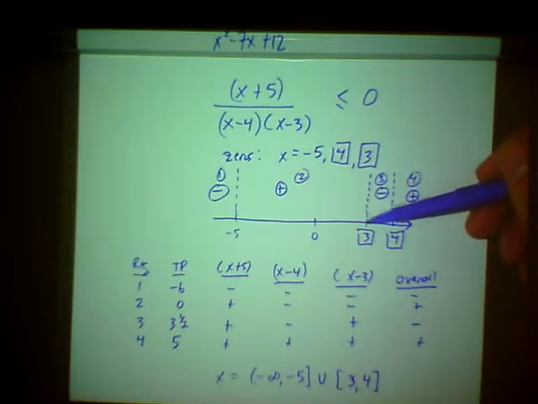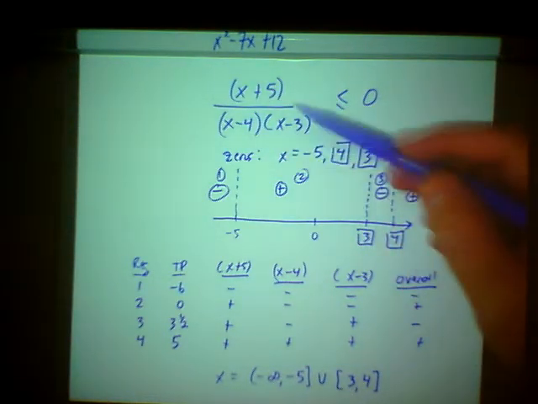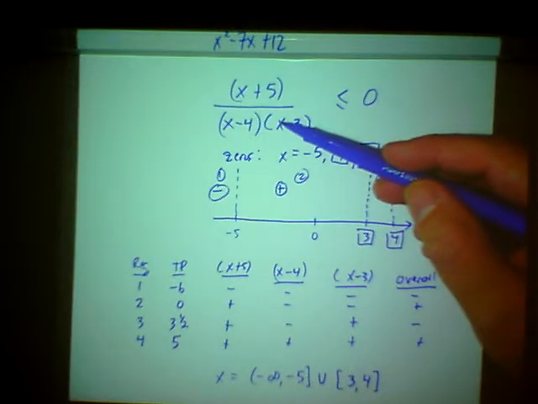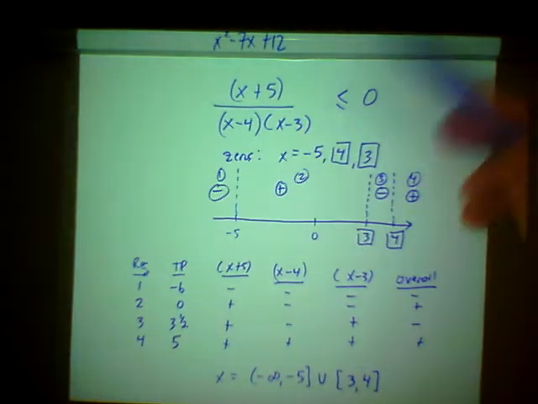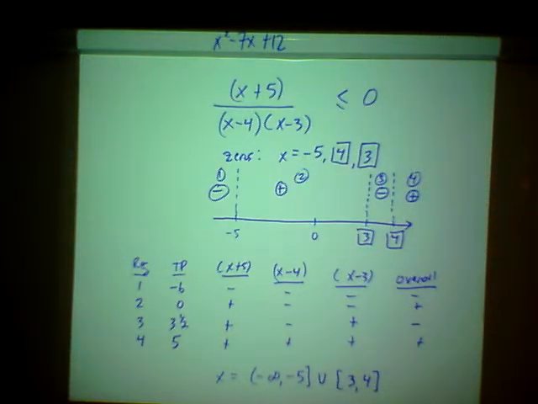What happens? Is this whole thing 0? No, it's not. If I stick the 3 in the second parenthesis, that will cause the denominator to be 0, and we can't have that. We can't have the denominator of a fraction equal 0.